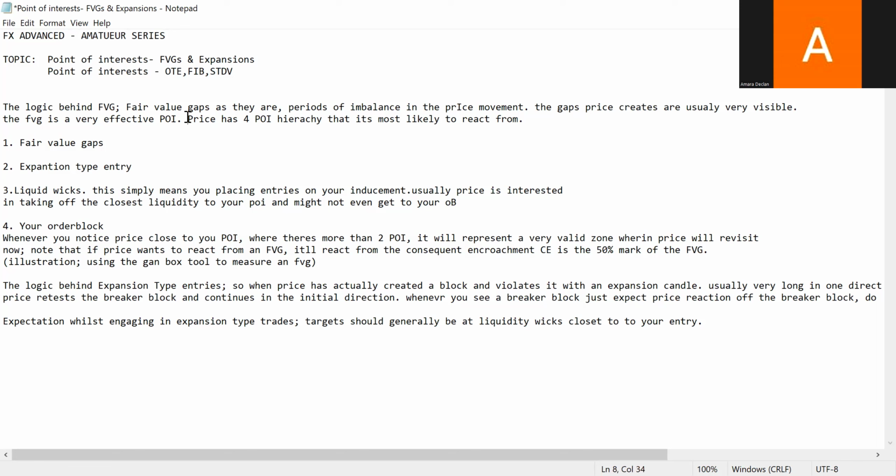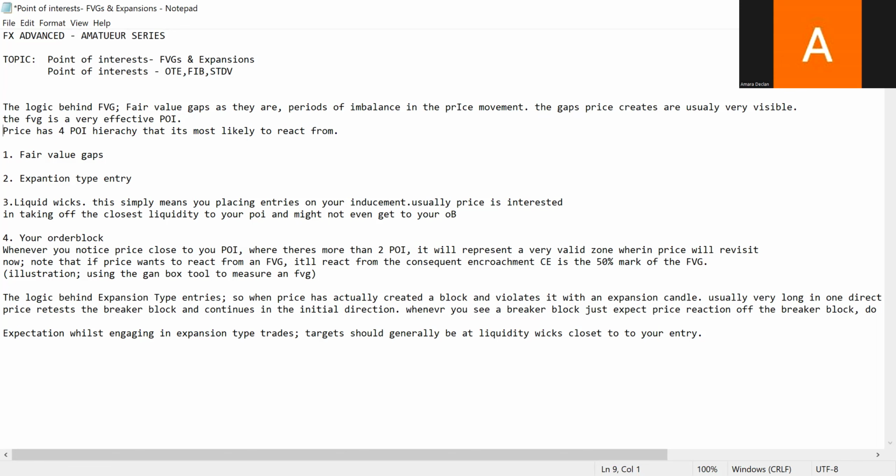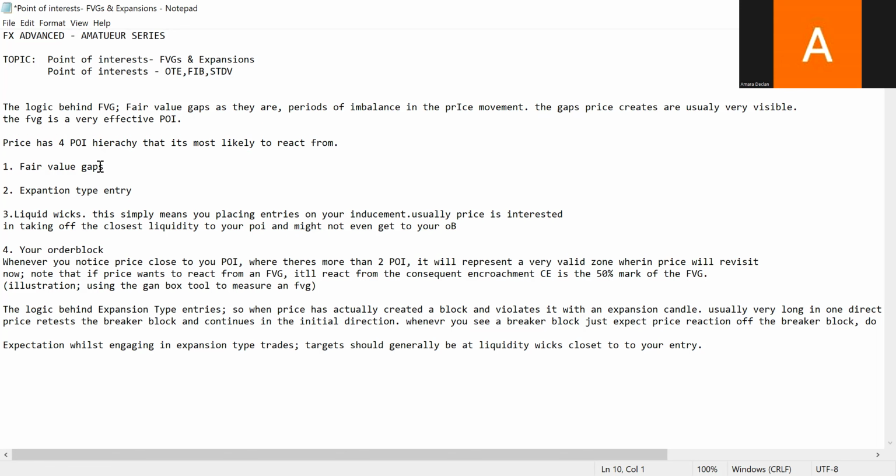But price has a point of interest hierarchy. The reason why point of interest is important to us is because from a point of interest, you can either find a price objective, or you can frame, or you can expect price to react from a point of interest.